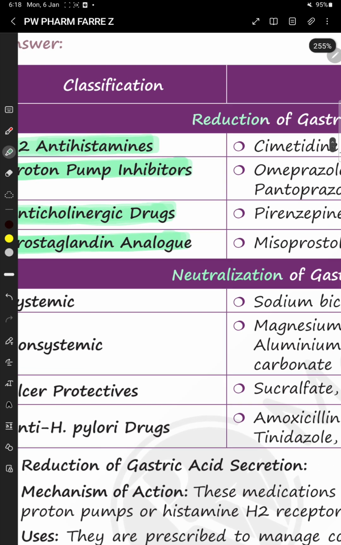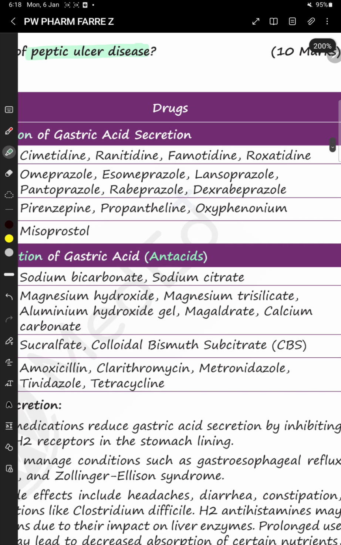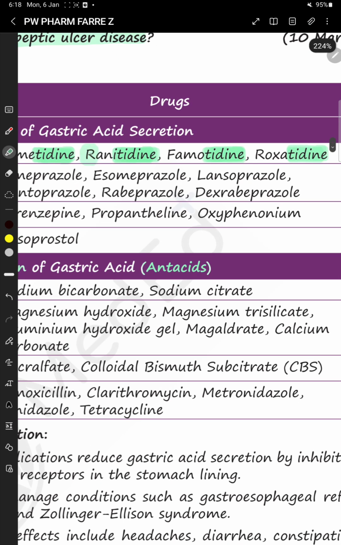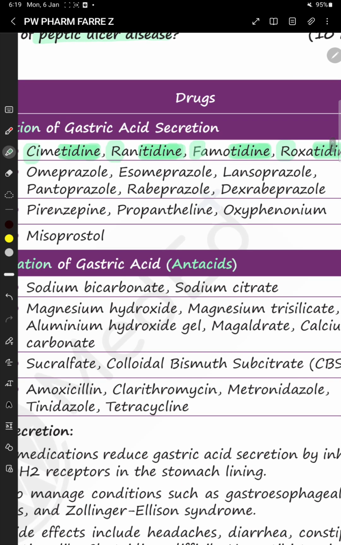Examples of H2 antihistamines: cimetidine, ranitidine, famotidine, and roxatidine. These antihistamines end with the word tidine. There are two R's, ranitidine and roxatidine, and then C and F, cimetidine and famotidine.